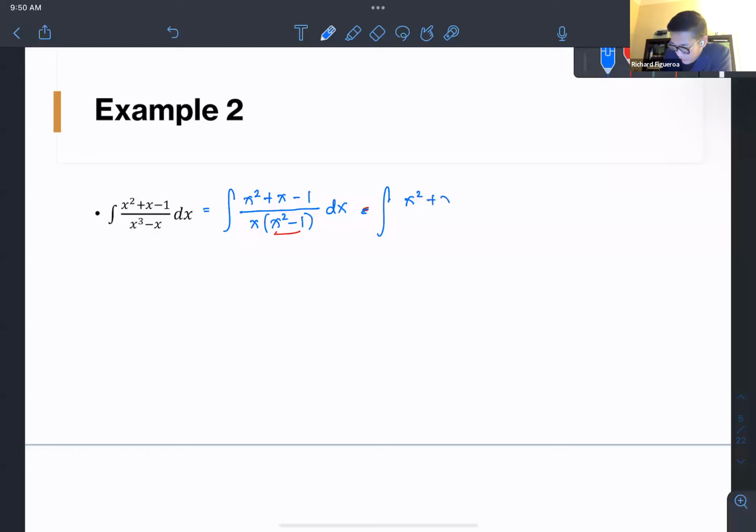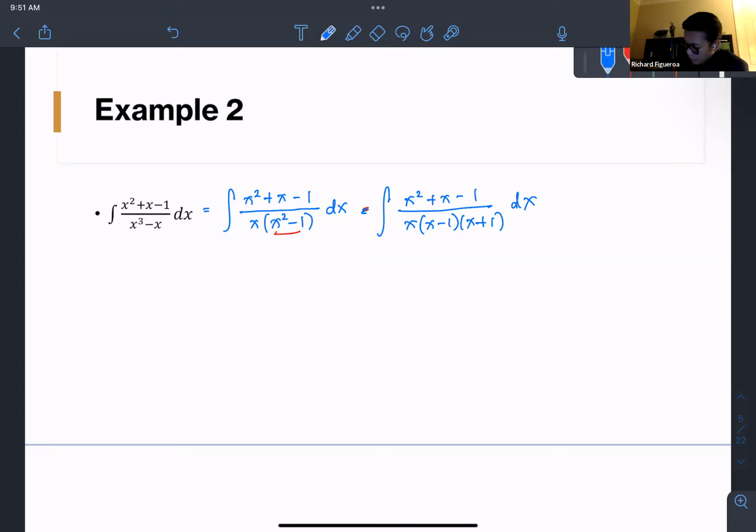So x squared plus x minus 1, divided by x. The factors of x squared minus 1 are x minus 1 and x plus 1, dx. So those are the three factors.